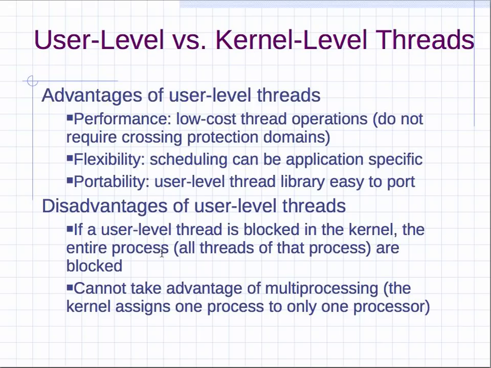So that's the disadvantage. You cannot take advantage directly of multiprocessing because the kernel is what assigns the process to a processor, and so you may not be able to make your code faster.